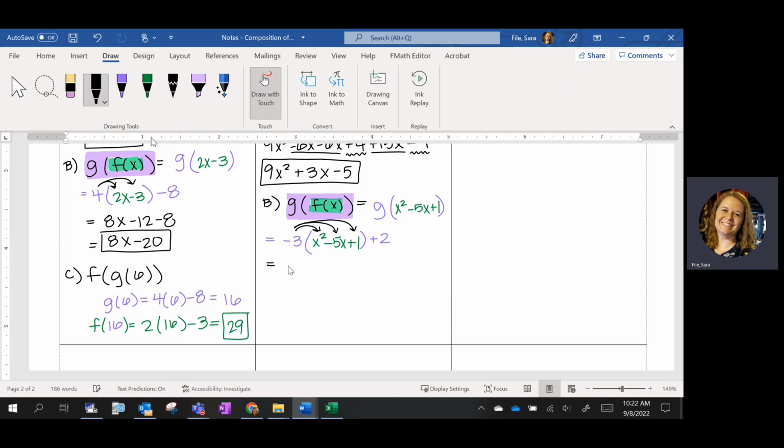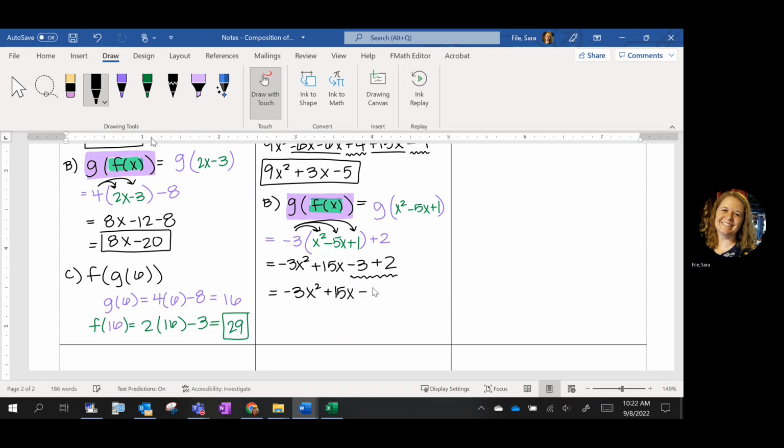That becomes negative 3x squared, plus 15x, minus 3, and then you still have that plus 2 there. So anything to combine? Yes, my constants. So this reduces to negative 3x squared plus 15x minus 1.